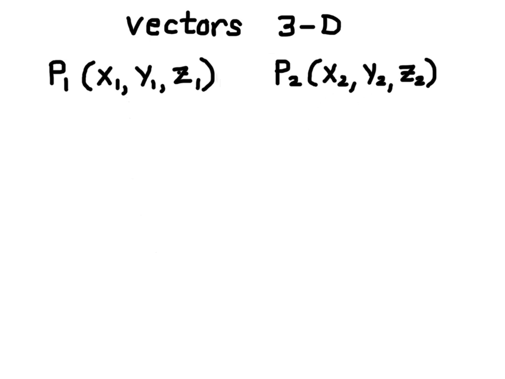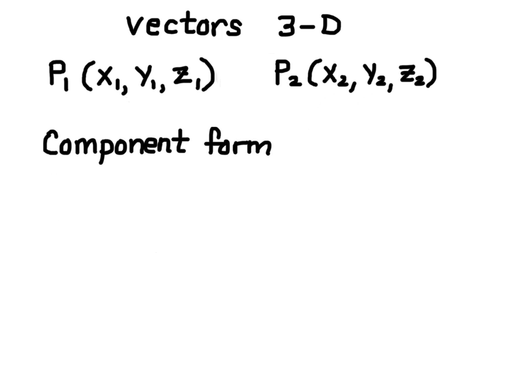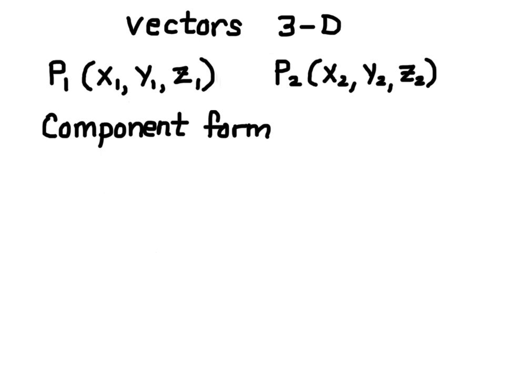Now there are two ways that we can write our vector. The first way we can write it is in component form. In component form, we specify the components of our vector. So we say that vector P sub 1, P sub 2, with an arrow over it to represent a vector, is equal to an x, y, and z component.